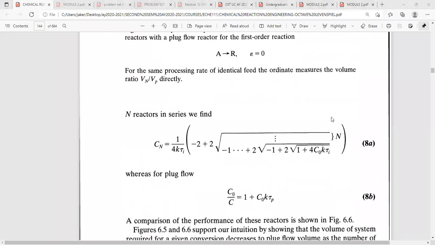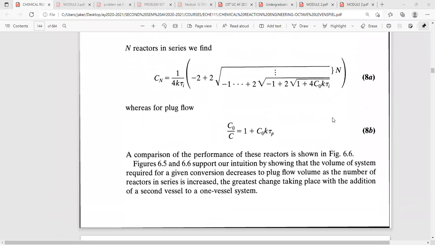Can you see it, class? Determining the concentration in the nth reactor for n MFRs in series for a second order reaction with constant density would be something like this. The number of radical signs that should appear is equal to the number of MFRs in your series.